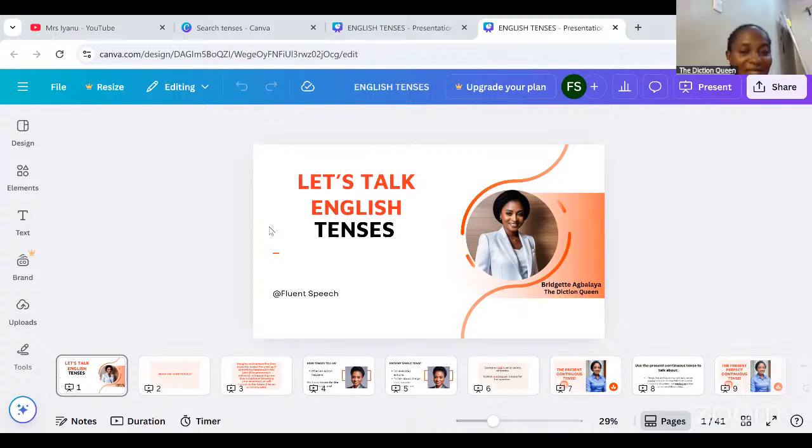So today, like I said, we will be working on English tenses. But before we start, let's do a bit of mindset reset. Now, when it comes to English communication, the first thing is to understand that it comes from learning and, most importantly, practicing.